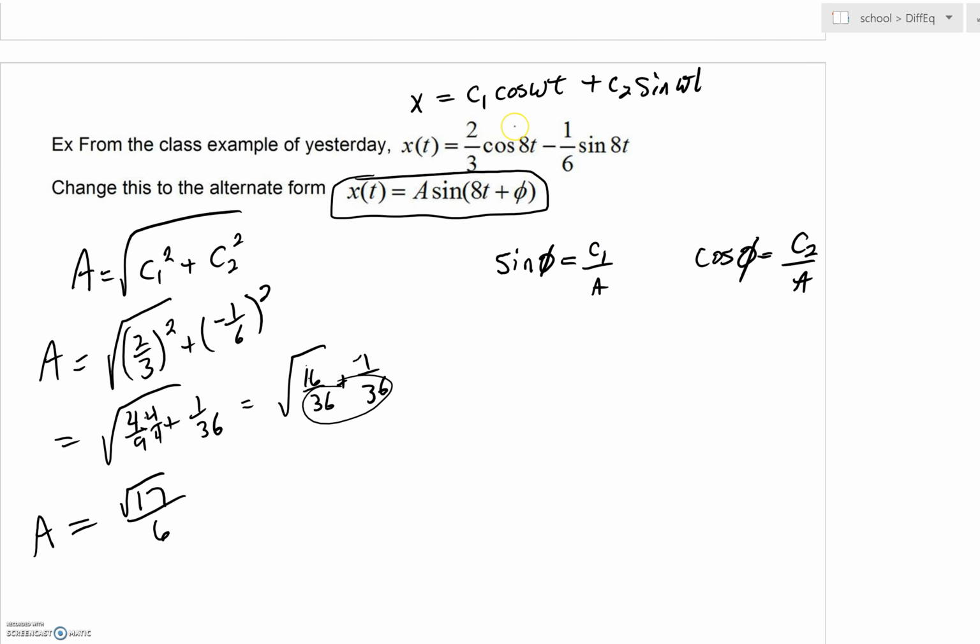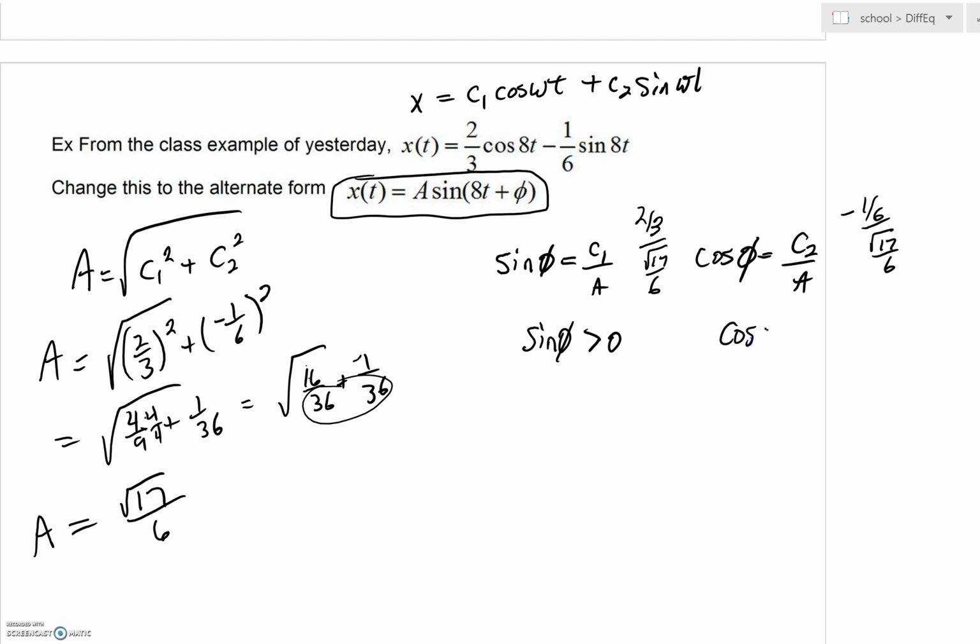But our C1, of course, is 2/3. So we could say the sine of phi is going to be 2/3 all over this radical 17 over 6. Guys, I just want us to very quickly just notice that it's positive. That's first and foremost. C2, of course, is this negative 1/6 all over this radical 17 over 6.